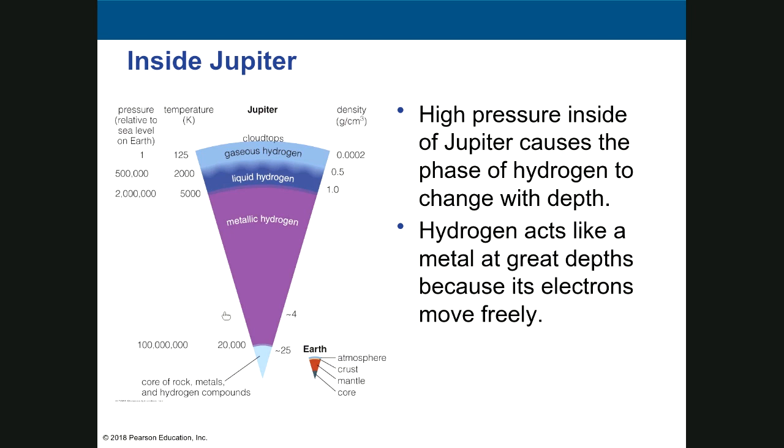So one thing I want to look at is the layers of these Jovian planets. Now you'll notice that they don't really have surfaces. They have solid cores, but I want to remind you that a surface is synonymous with a crust, right? The Earth's got a solid core, but that's not our crust or surface. And then we have a mantle, and we can see here we have the crust and the atmosphere.